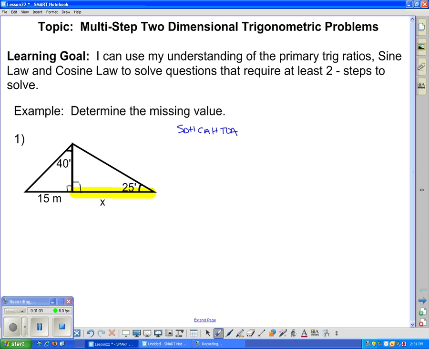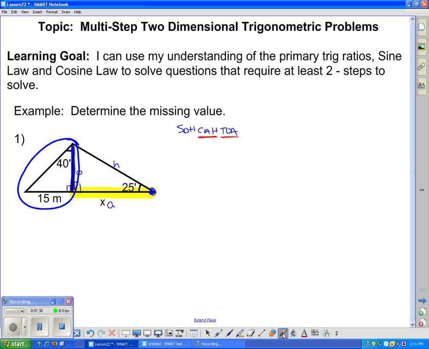What do I know? Here's my reference angle. So this is my opposite side, hypotenuse, and adjacent. So I need to use either A and H, so I'm either going to use cos or tan. When I look at the problem, the hypotenuse has no connection to the other triangle. The only relationship that exists is this height here.